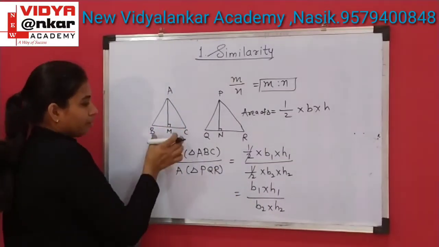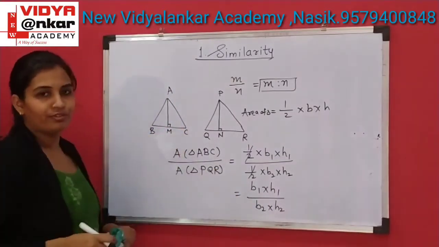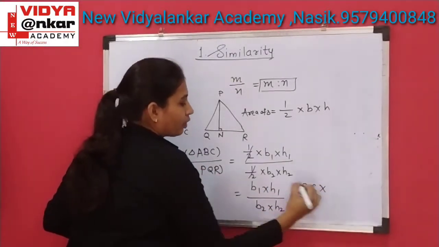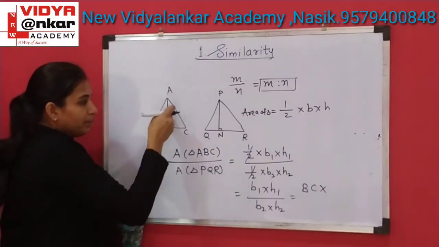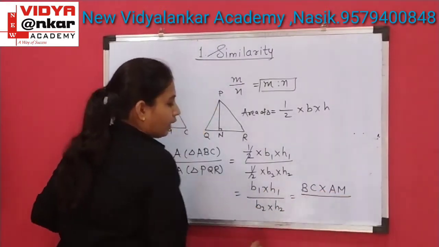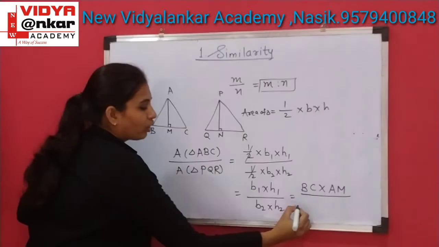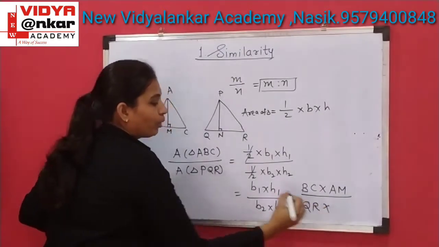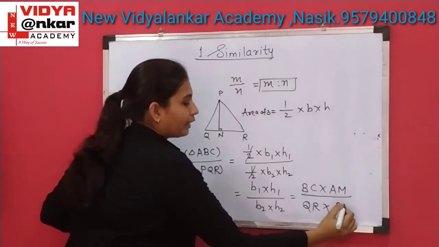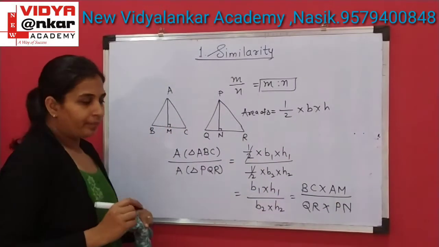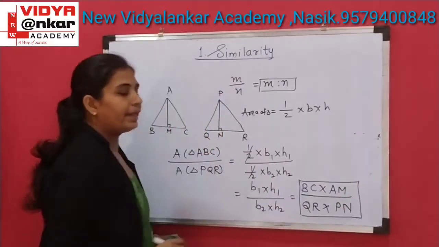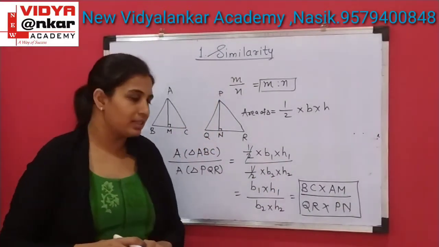Now B1 means the base of the first triangle, that is BC here, H1 means height, that is AM, and for the other triangle, QR is the base and PN is the height. Now we got the ratio of areas of two triangles.